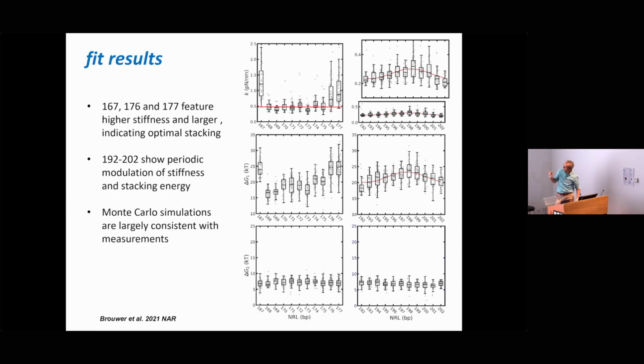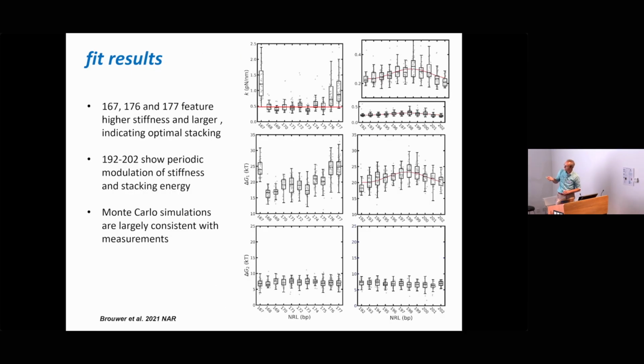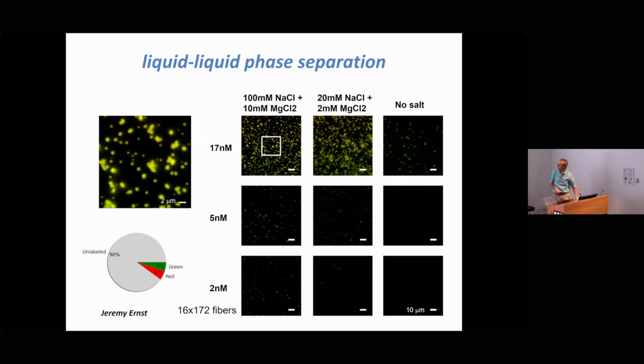So we have a fairly good idea of what happens within those fibers, but this also has consequences for what happens in vivo, right? Because if these stacking interactions don't take place, the nucleosomes are free to stack with neighbors from other fibers, right? And when you do that, you introduce these phase-separated droplets.